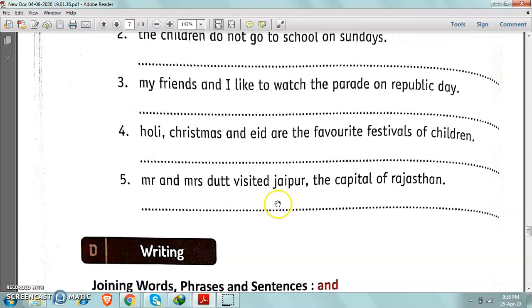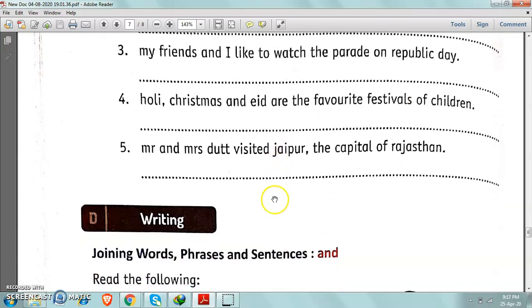So here you will write J capital. The capital of Rajasthan. So Rajasthan is also the name of a place and that is a special place. So here we will write R capital for this name. Jaipur is the capital of Rajasthan. So this is also a special name given here. So J will be capital.